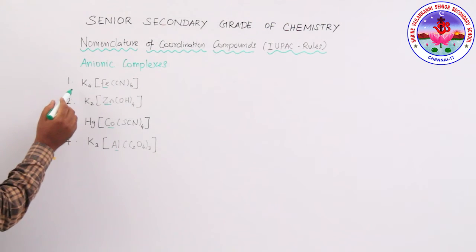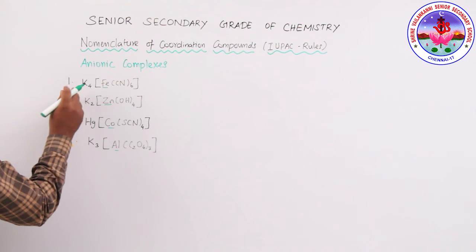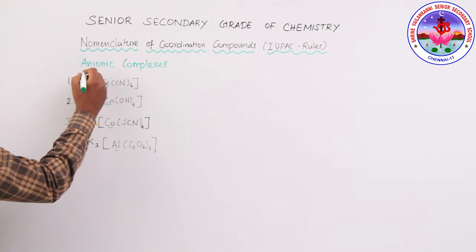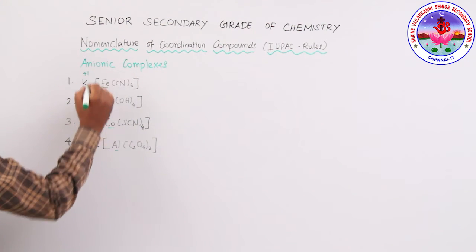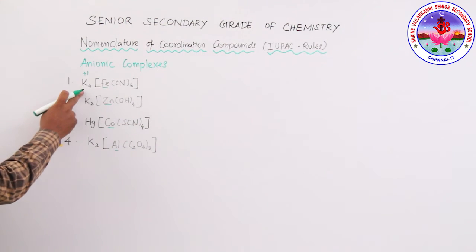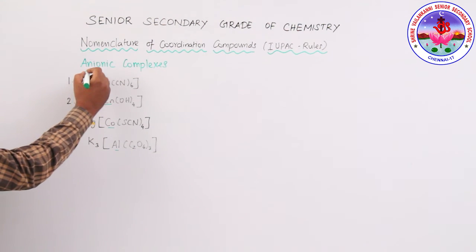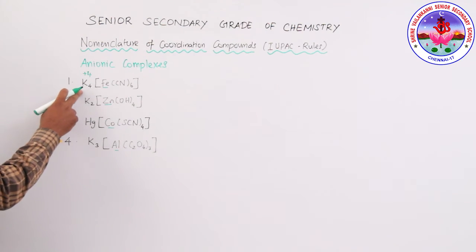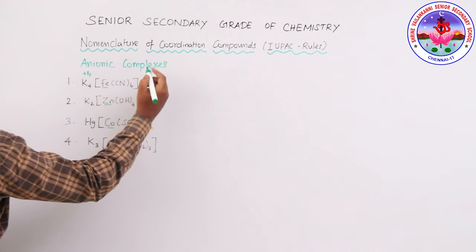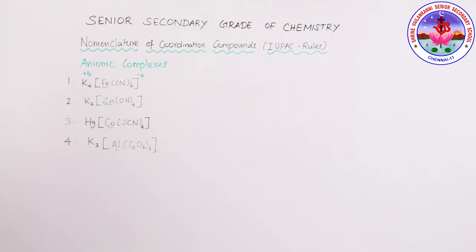Now the first example is K4[Fe(CN)6]. What is the charge of potassium here? Usually the alkali metals have a +1 oxidation state. So potassium is +1, times 4 becomes +4. This counter ion is +4, which means the complex has the opposite charge, -4.